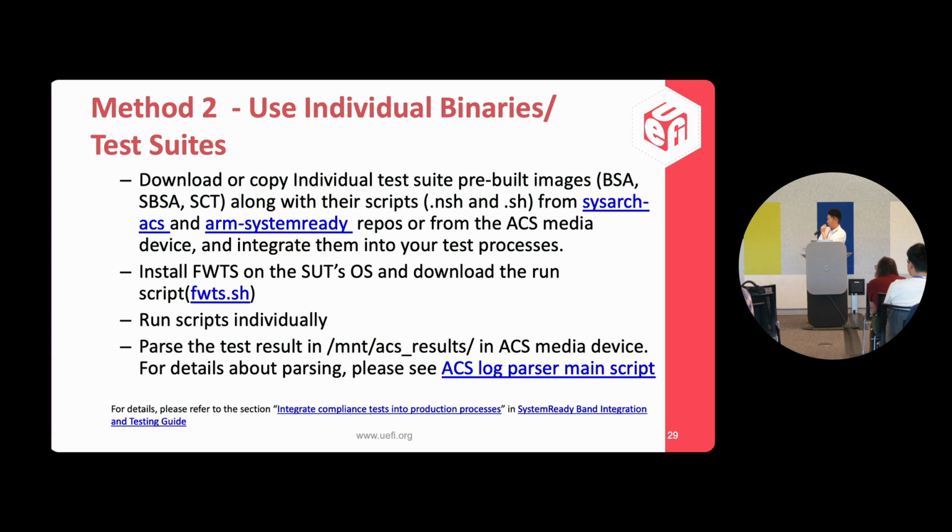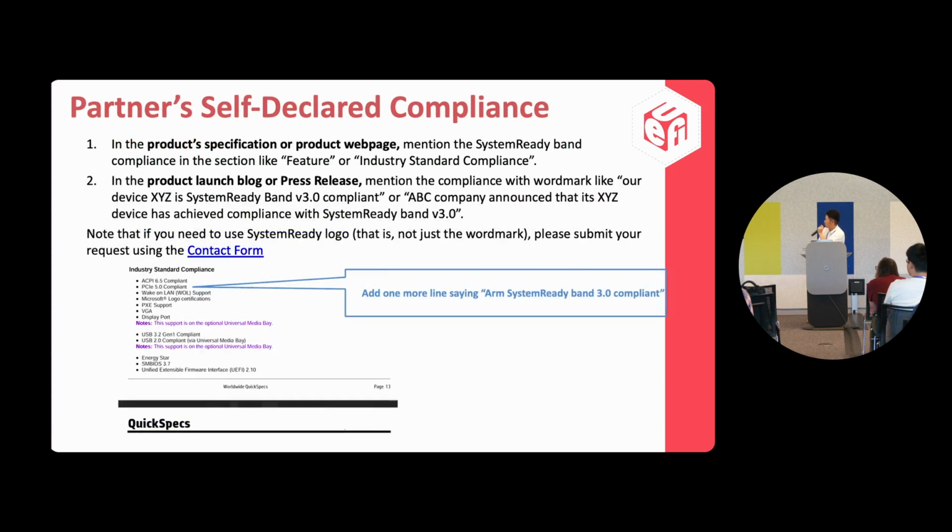Yeah, so this is another thing. Okay, so if you run our test suite and the result is good, you can self-declare compliance in two ways. The first one would be to add it to your product spec, like this one, the bottom screenshot.